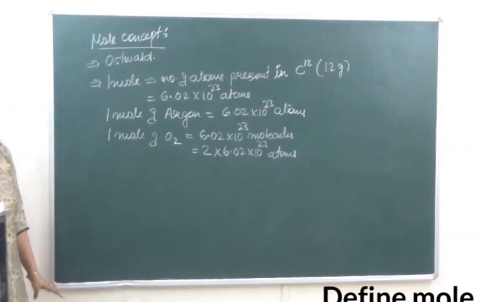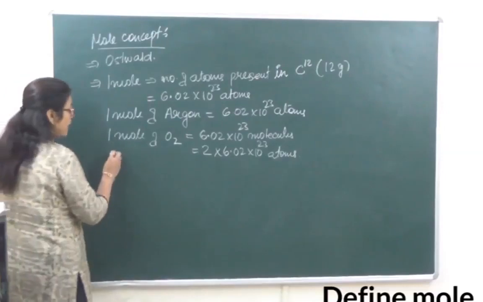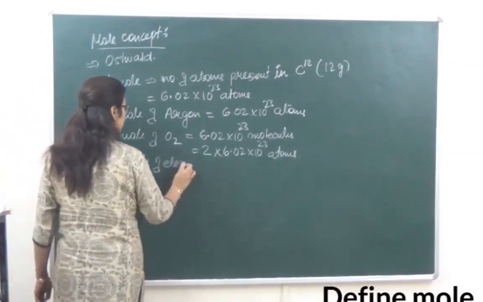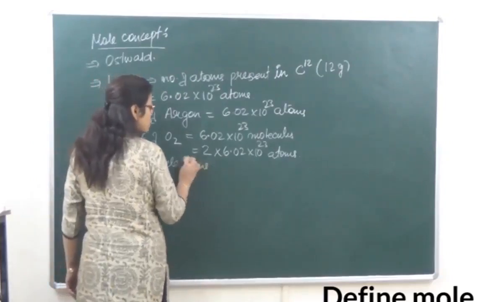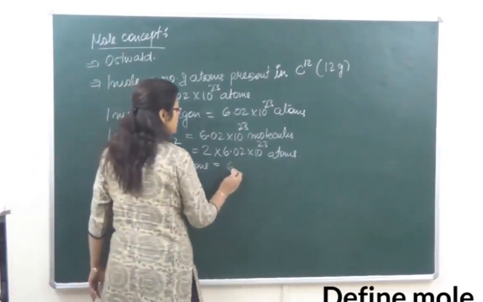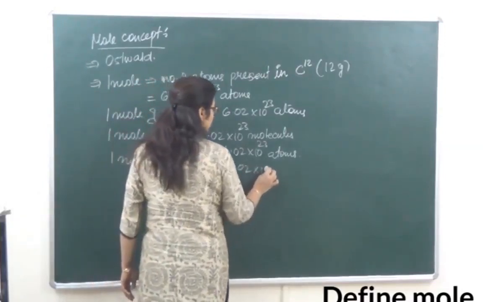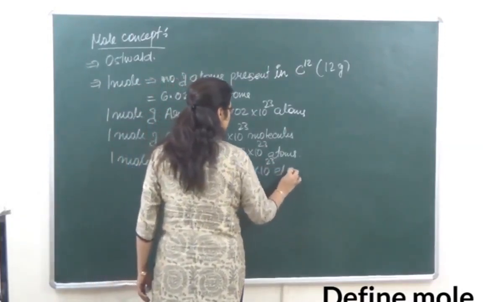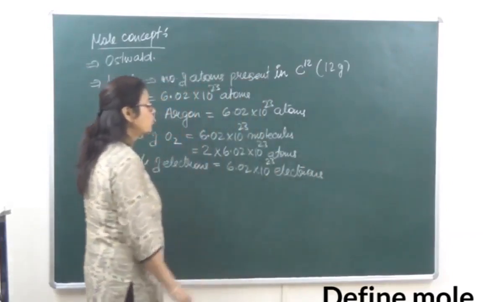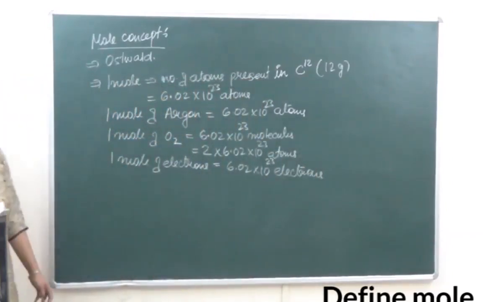In a similar manner, if we take 1 mole of electrons, then how many electrons will be present in 1 mole of electrons? 6.02 × 10^23 electrons are going to be present in 1 mole of electrons, right?